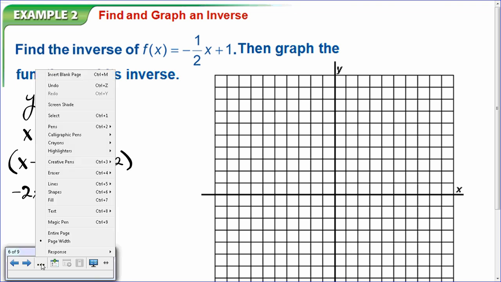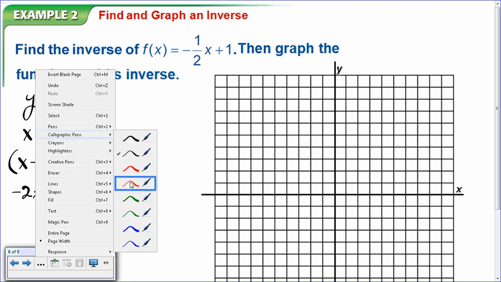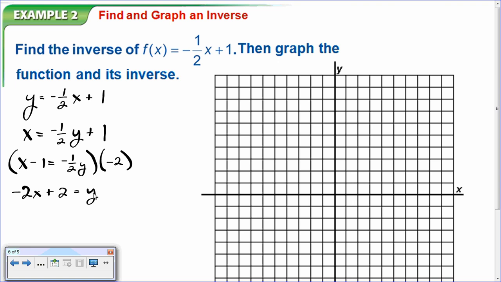Now, to represent this as a function, what I need to do is change the y into f inverse of x. So, f inverse of x, and I'm going to write this part right here, is equal to -2x plus 2.